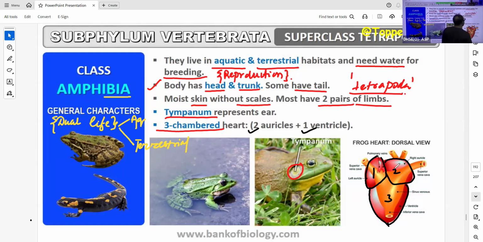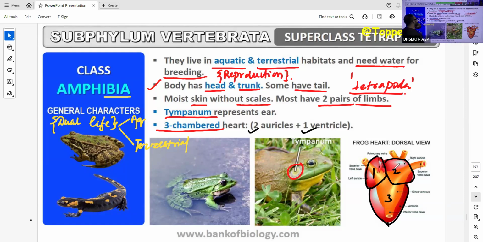These are two additional structures present just outside the heart, which help in the distribution of oxygenated and deoxygenated blood throughout the body.